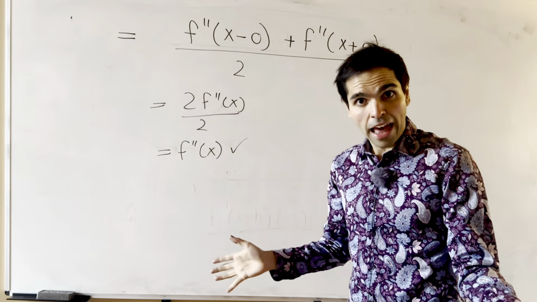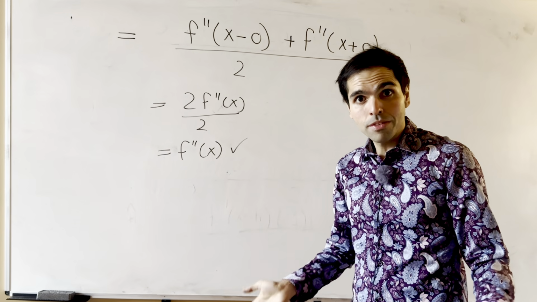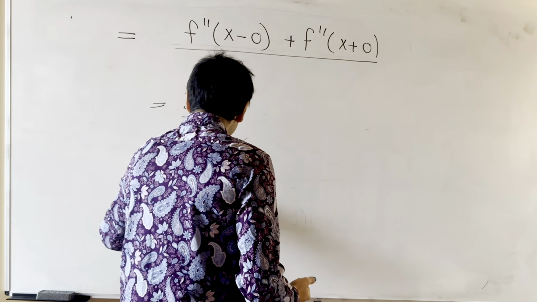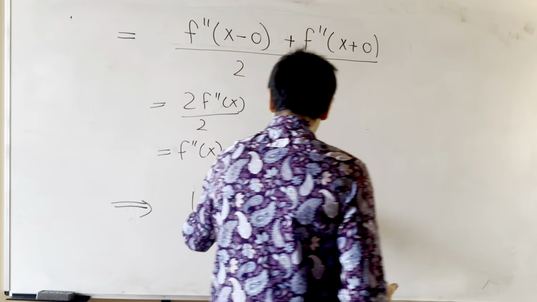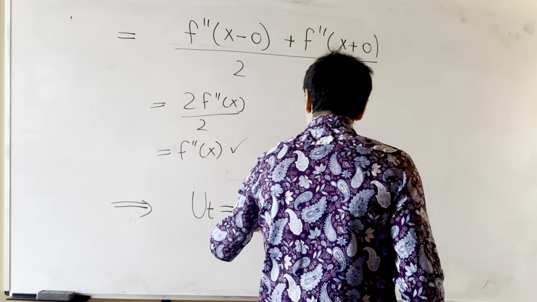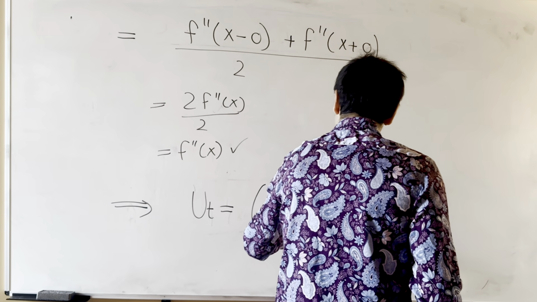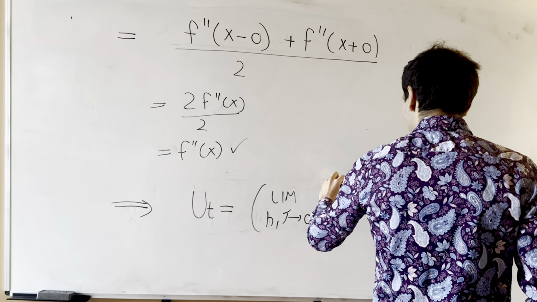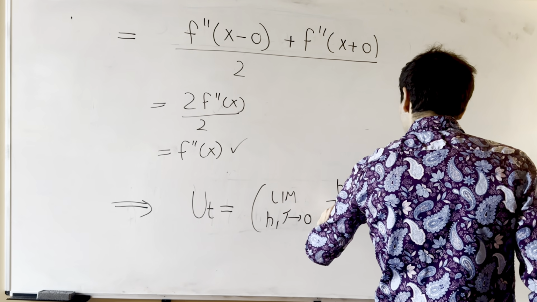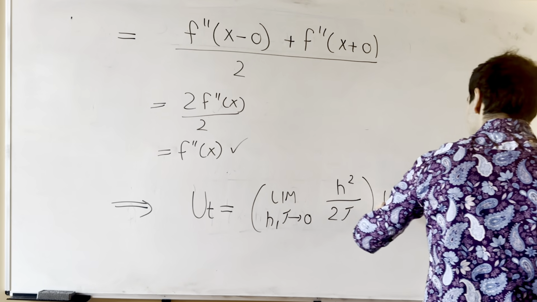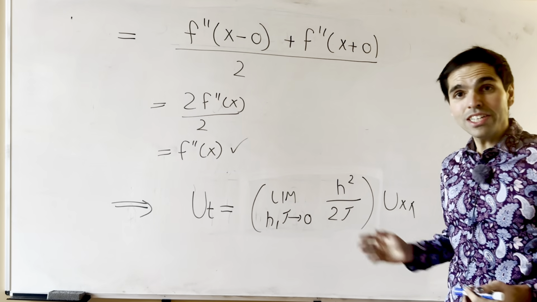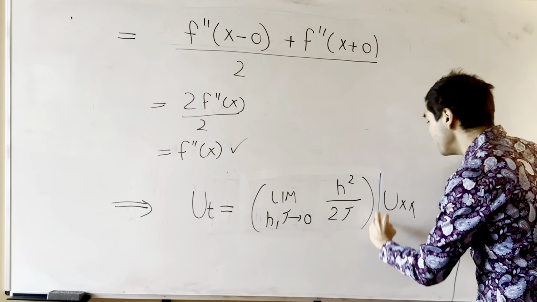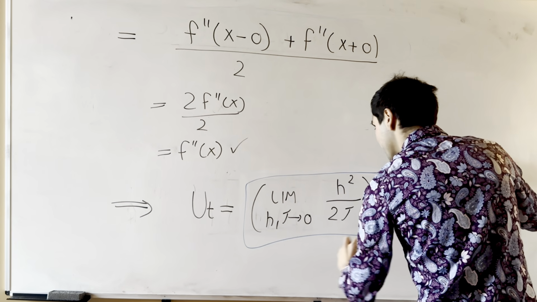And so in the end, in the limit, our equation becomes simply u_t equals this weird limit, the limit as h and tau go to 0 of h squared over 2 tau, times u_xx, which is the heat equation, except what in the world is this?